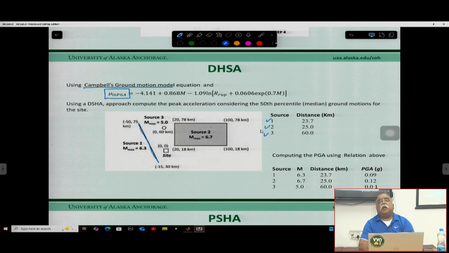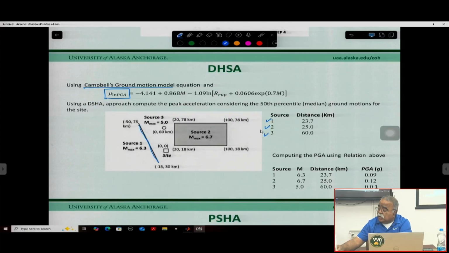It is not that Campbell's equation is very great or very accurate. I give the Campbell equation because it is simple to calculate. You can choose any ground motion relation that you are interested in, or if you have an argument for one ground motion relation over another, that's fine.